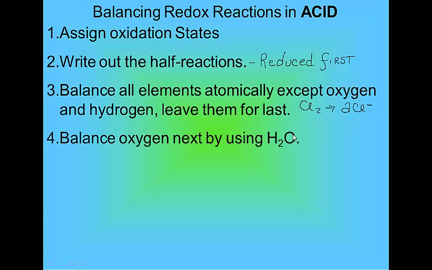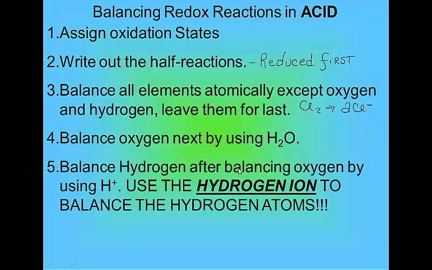Balance the oxygens next by using water. Balance the hydrogens after balancing the oxygens by using the hydrogen ion. Use the ion to balance them, not the hydrogen gas or anything like that.